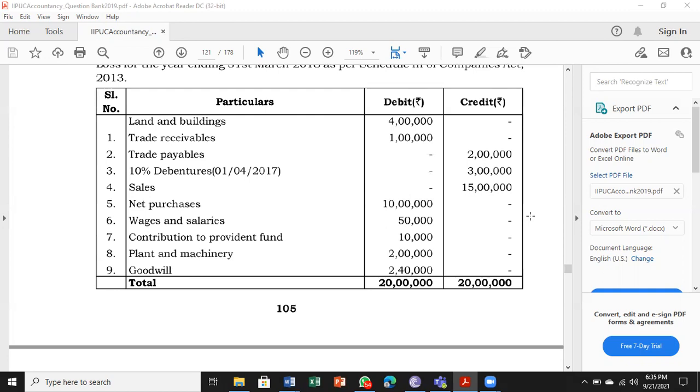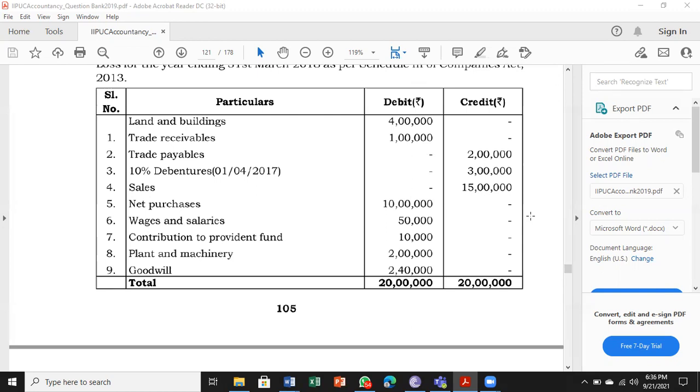go through here. Land and buildings, balance sheet item, we don't consider for income statement. Trade receivables, balance sheet item, it is debtors only. Trade receivable is nothing but debtors, the balance sheet item. Trade payables, again creditors, it is also a balance sheet amount.